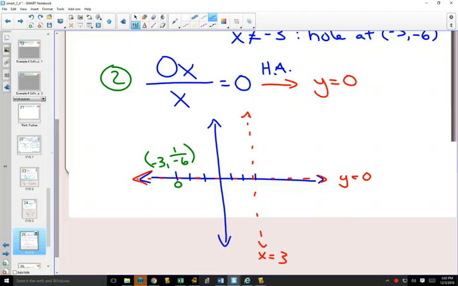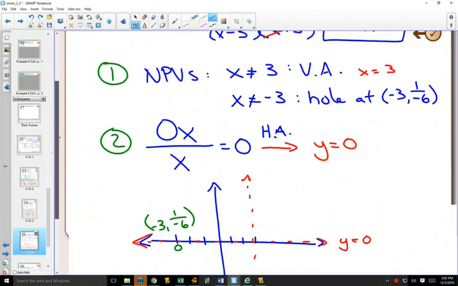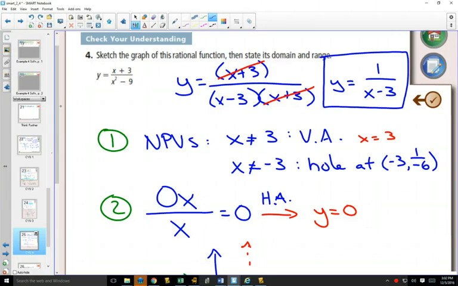X-intercepts and y-intercepts. Well, y-intercept you can find by plugging in 0 for x. Can you see that you'll get 1 over negative 3?